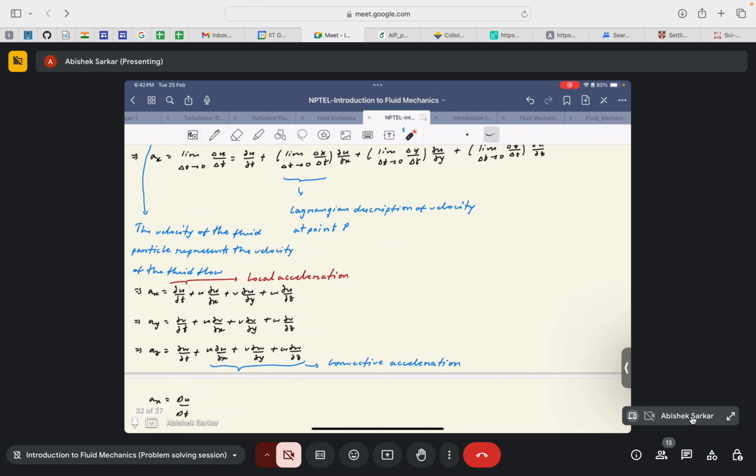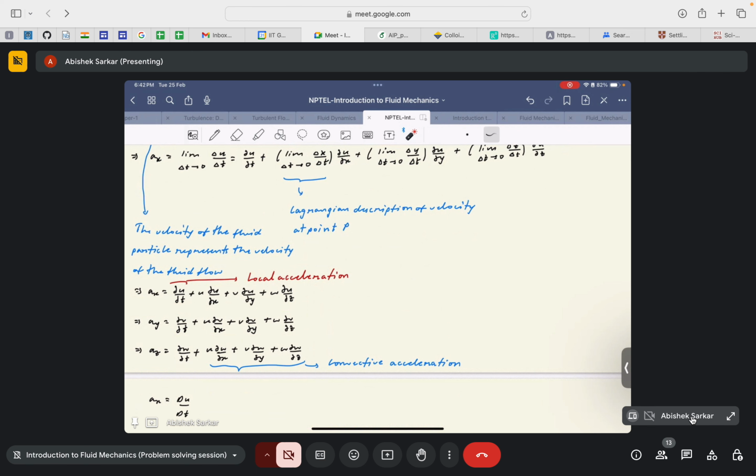Here you can see that the acceleration is not a function of only time, it is a function of time and space, but there is one component that deals with the derivative of the velocity component with respect to time only. These derivatives with respect to time only are also known as the local acceleration.